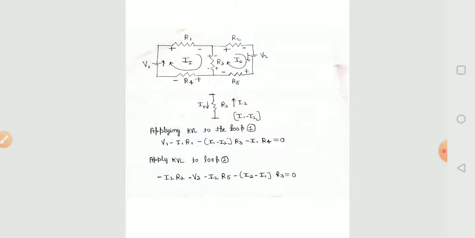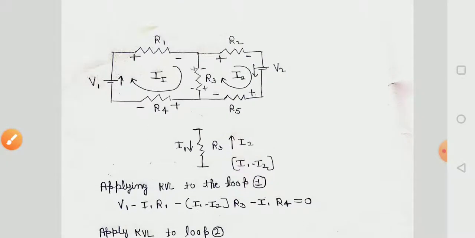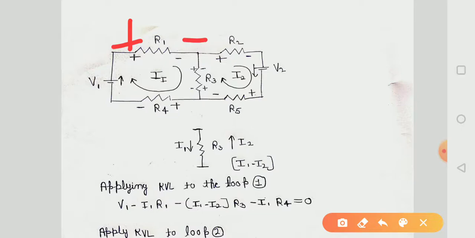Now we consider the starting terminal is positive. Here we see that the starting terminal is positive and the ending terminal is negative. Similarly, for current I2, we have to consider the same sign convention. These are the polarities for our circuit.